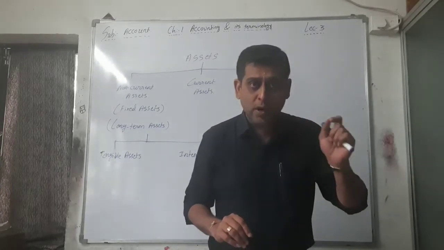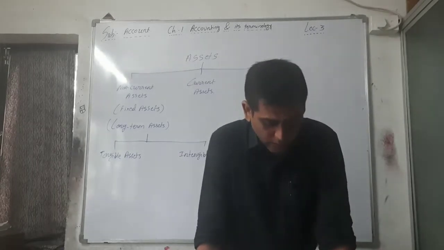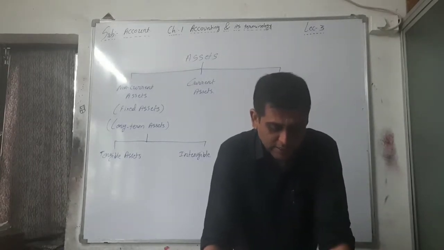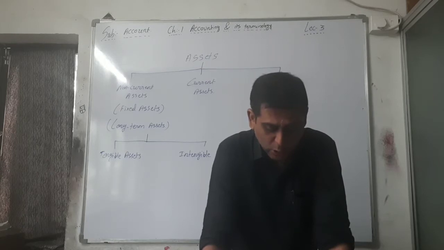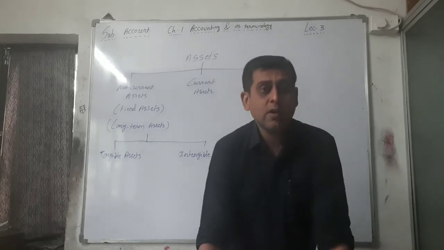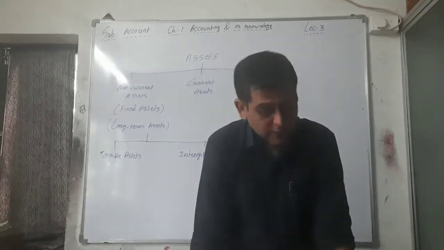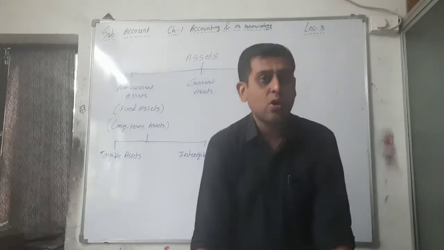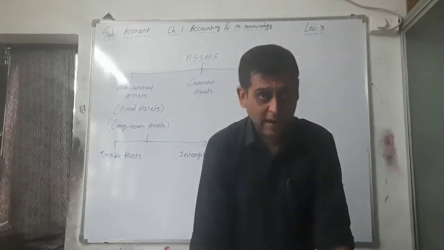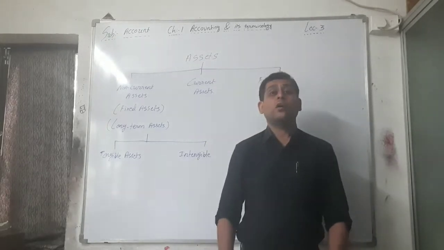In simple words, a product for which trading is done by the business is known as goods of the business. Whatever product is purchased or sold by the business is called goods for the business, and it is also called stock.